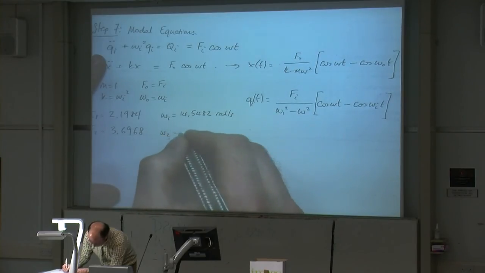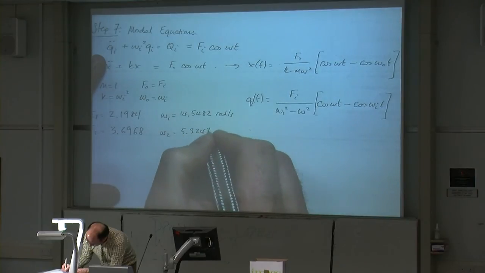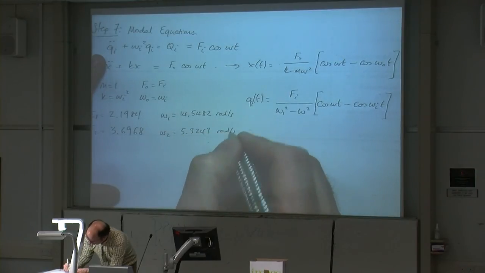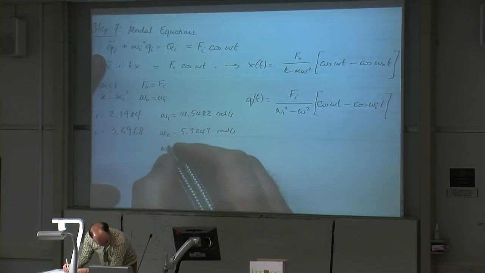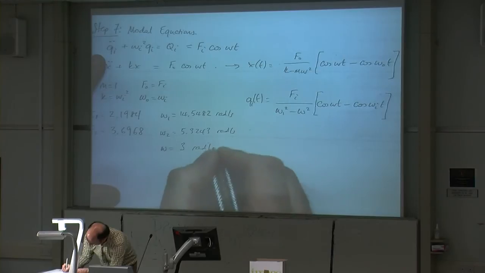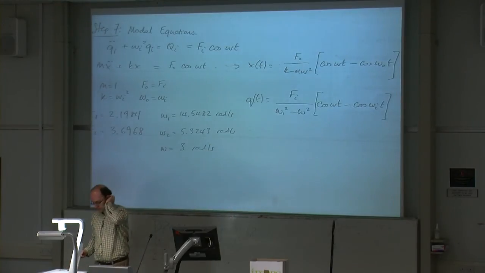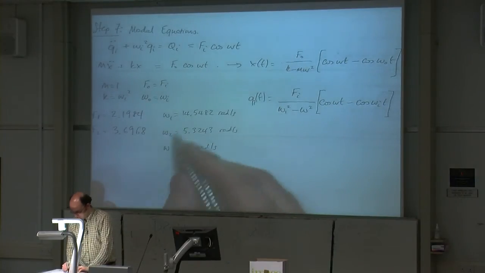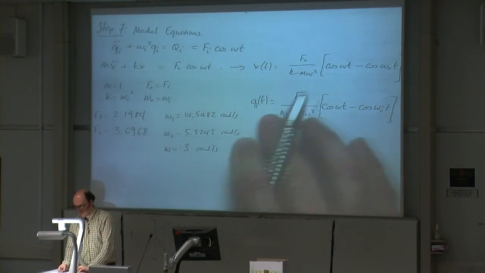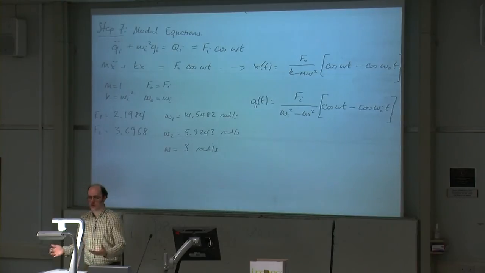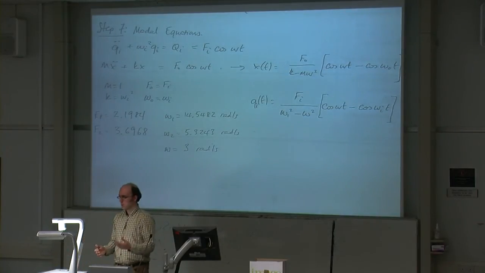Omega 2 is 5.3243 radians per second, and the forcing frequency is given to you as 3. So from this information, you can obviously plug these values into this equation for i equals 1 and i equals 2, and you get two equations, one for q1 and one for q2.